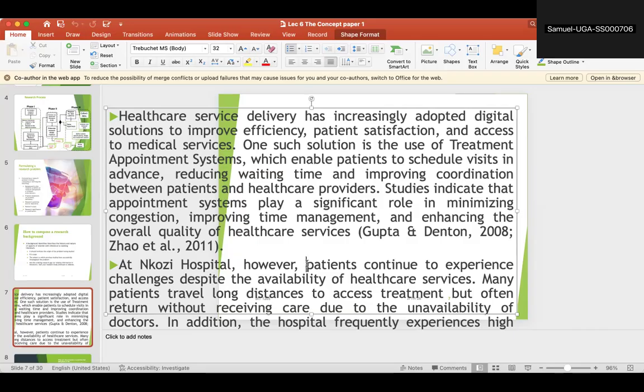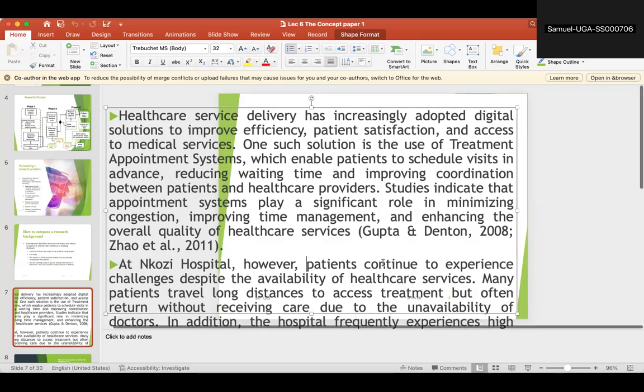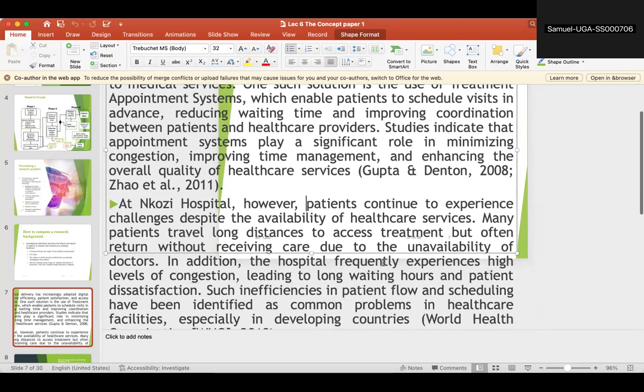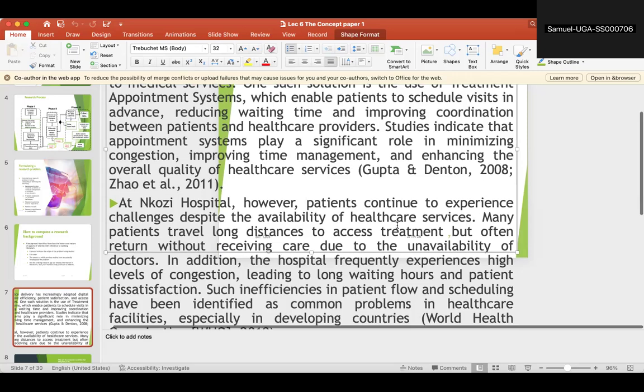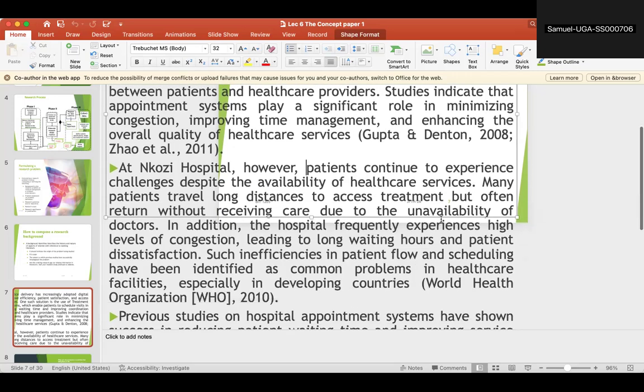So you are now emphasizing that patients are still continuing to have such what? Challenges, despite the availability of healthcare what? Services. Continue. Patients travel long distances to access treatment, but often return without receiving care due to the unavailability of doctors.